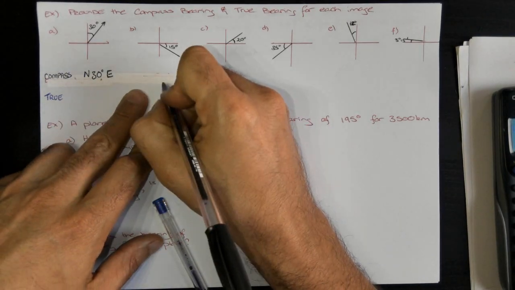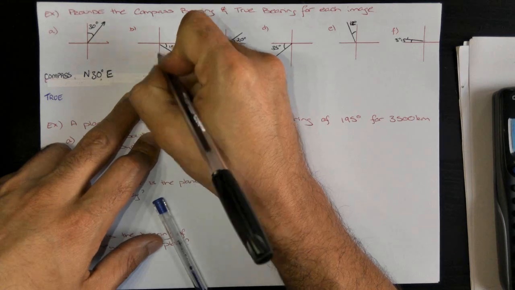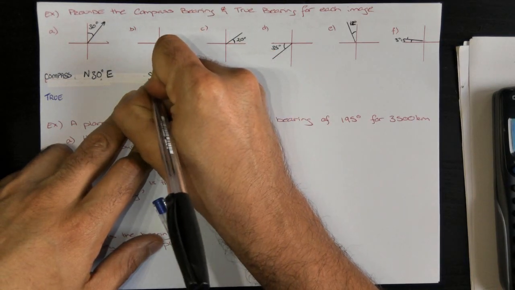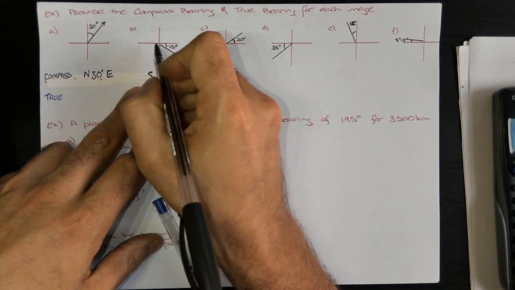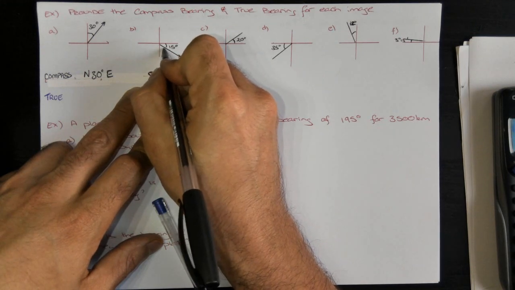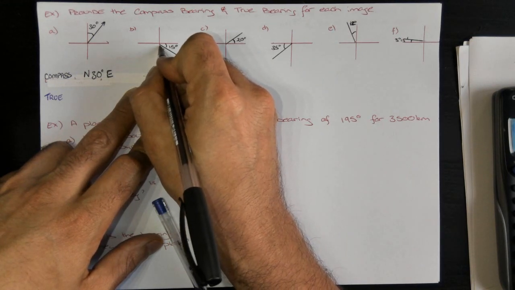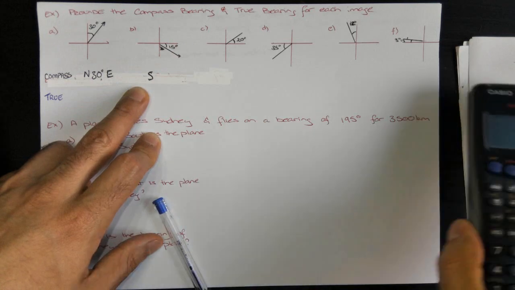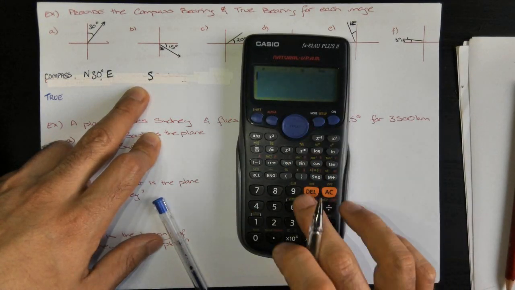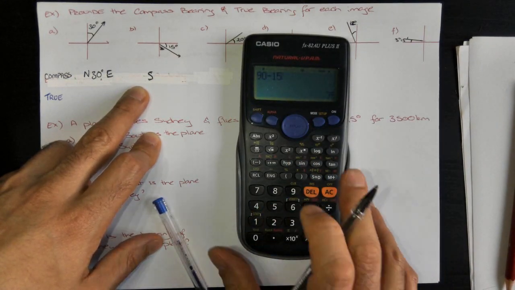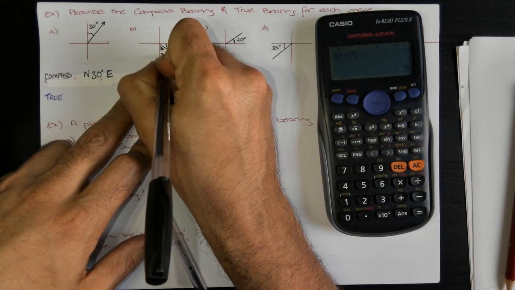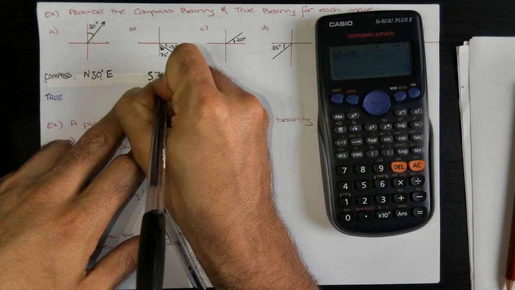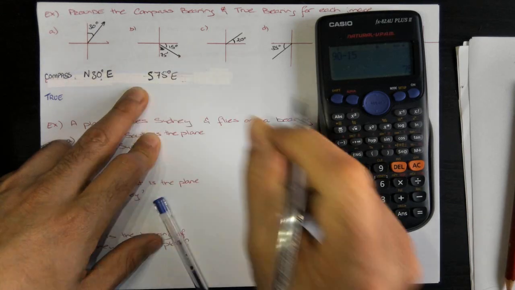Okay. Here, I'm facing south. I actually want to know what this measurement is here. Yeah, so I do 90 minus 15 to know that this is 75 degrees. And so I'm moving 75 degrees in an easterly direction.